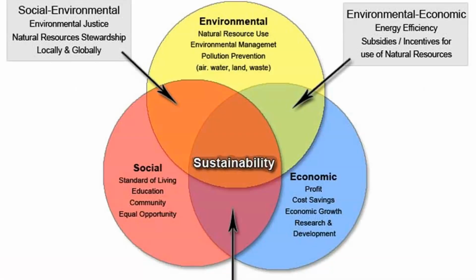This is a graphical representation of the triple bottom line, where we have the environmental, that is the planet side, social, which is the people side, and economic, which is the profit side. This graphic also shows some intersections of the environmental and the social, the environmental and the economic.